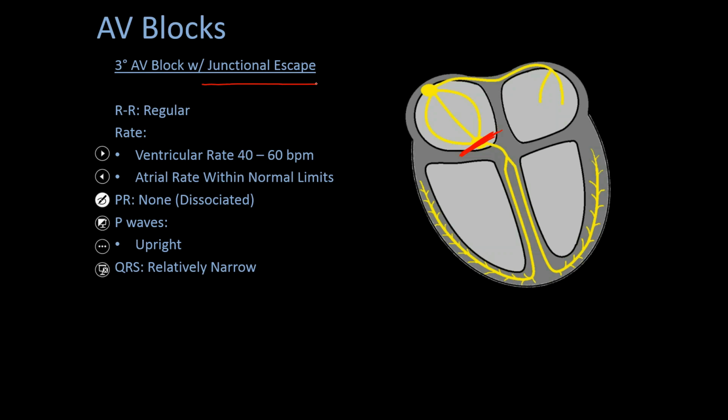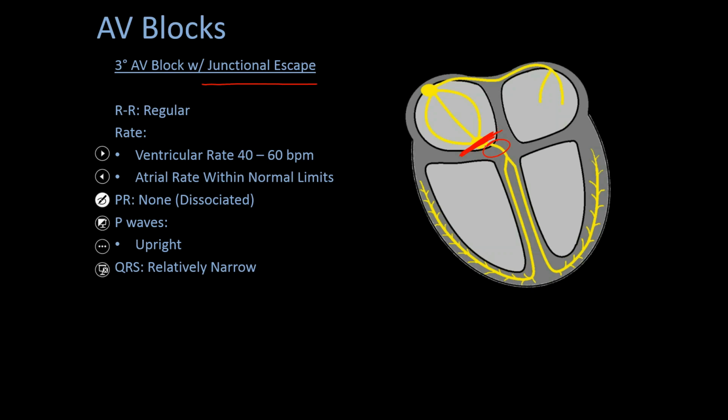So the first line of defense is if the AV node is blocked, the bundle of His can pace the heart, resulting in what's called a junctional escape rhythm.